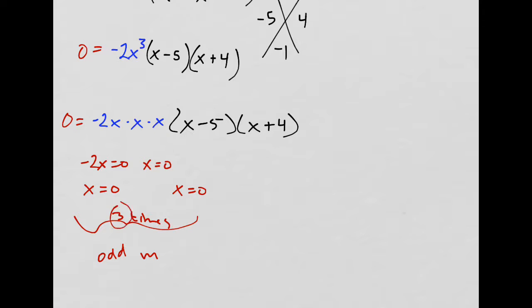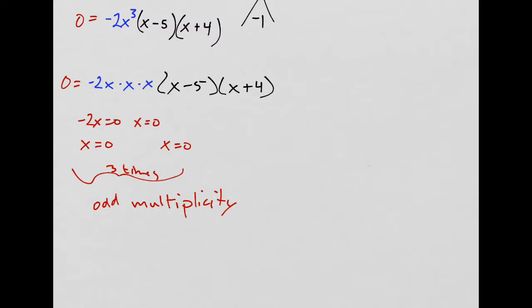So this is odd because 3 is odd. Odd multiplicity. And that means I cross my x-intercept. What x-intercept? 0. I cross there. Okay. Great. That's fantastical. Fantastico.